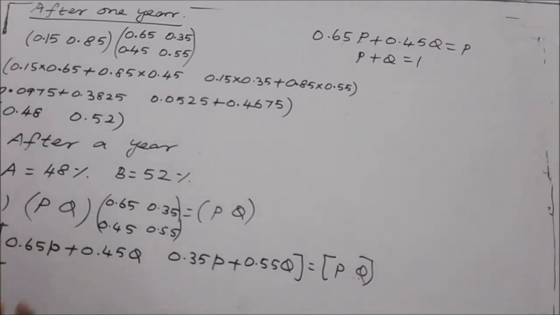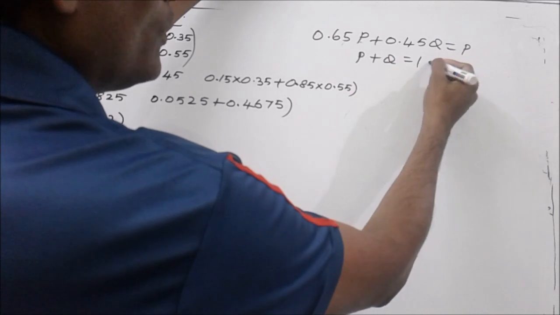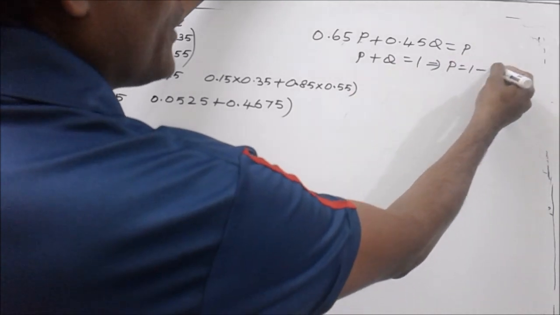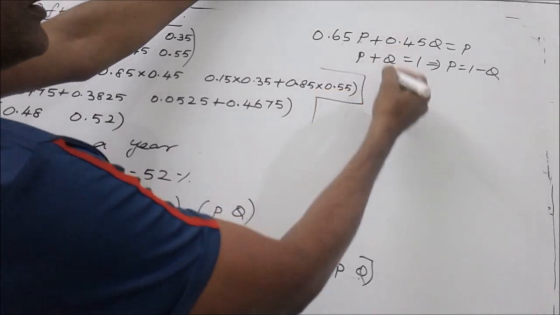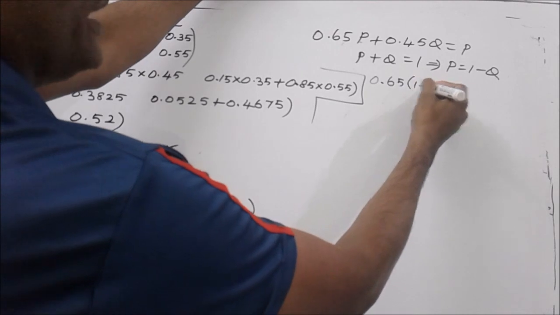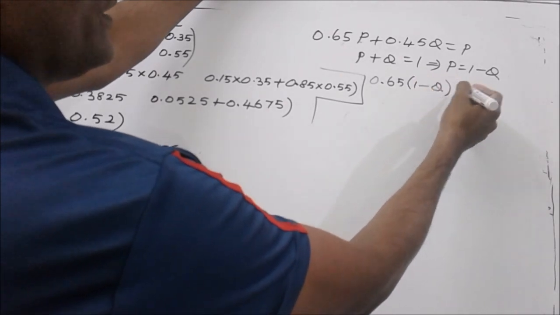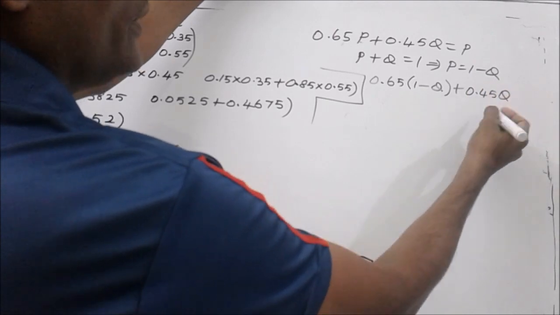P and Q are different events, one for A, another for B. The total probability will be equal to 1. From this we can conclude P equal to 1 minus Q. Substituting in the above equation, we have 0.65 into (1 minus Q) plus 0.45Q equal to P.